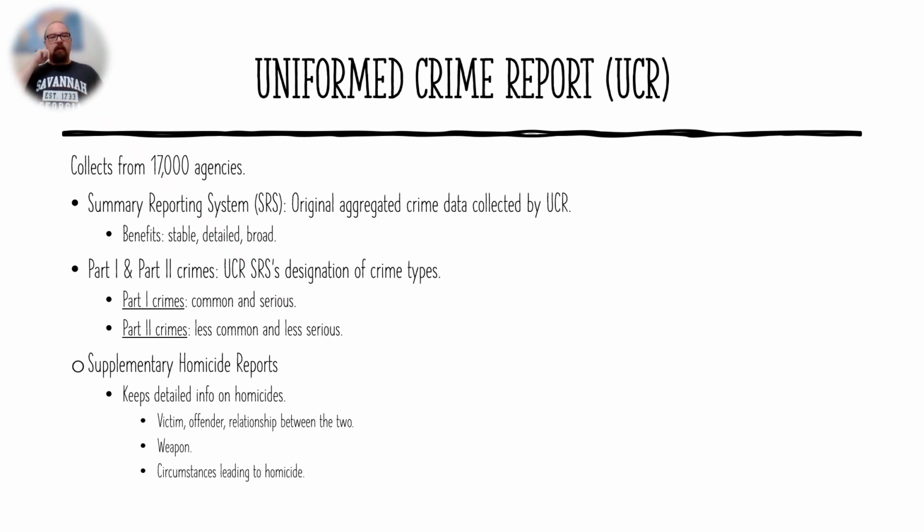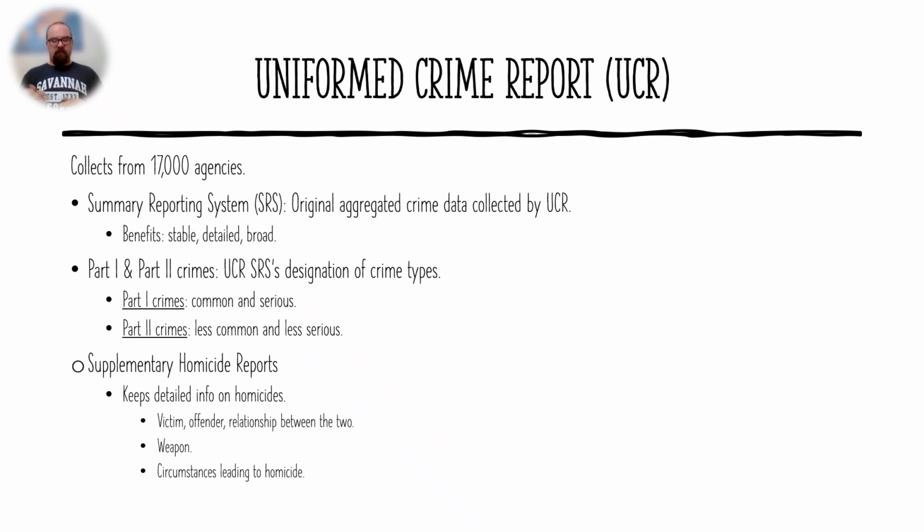The summary reporting system is a part of the UCR, and it is only aggregated crime data. So it kind of brings all of the information together, and it's a raw aggregated data source.